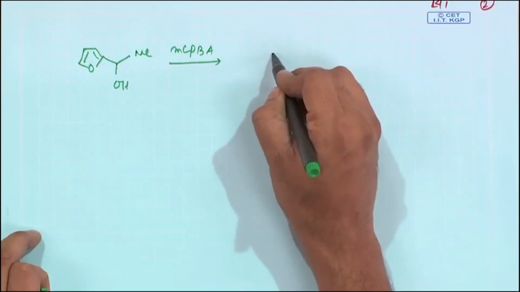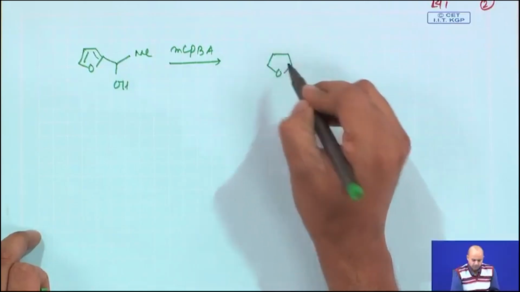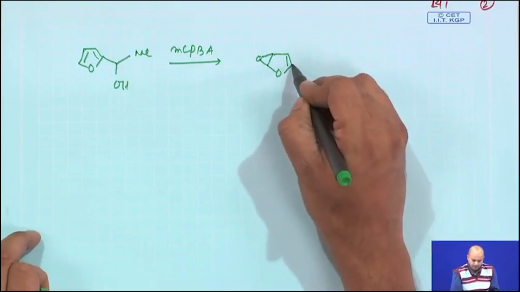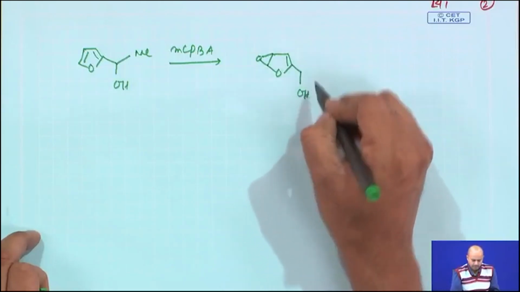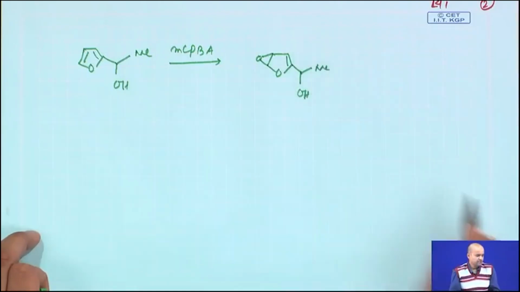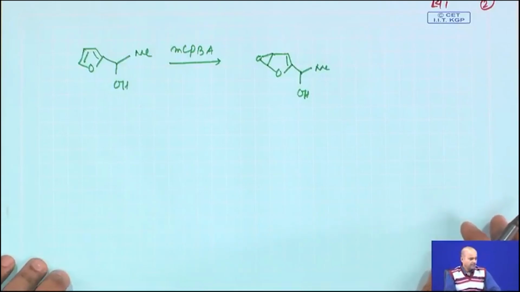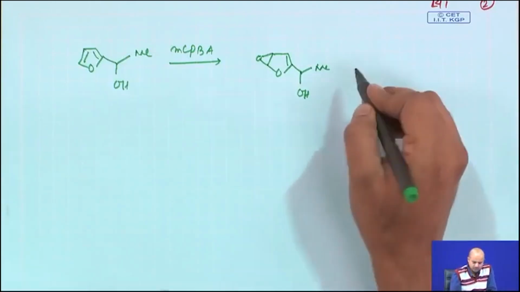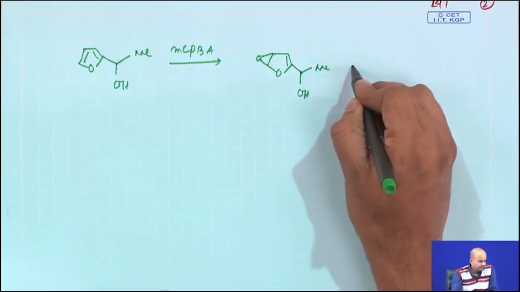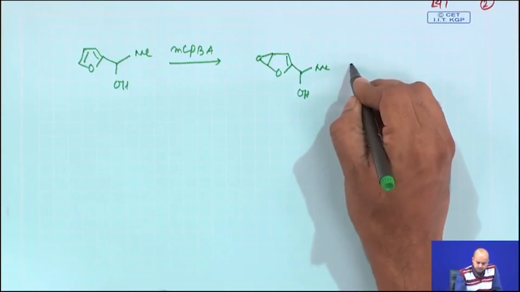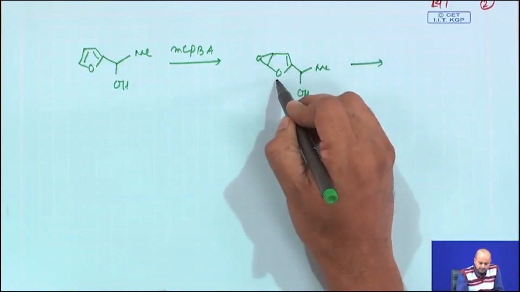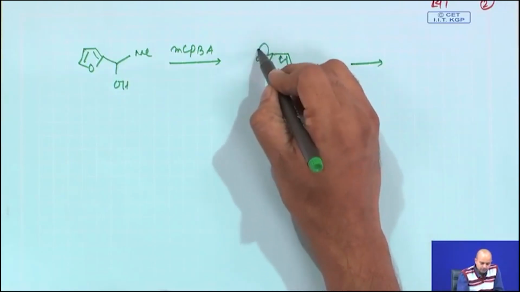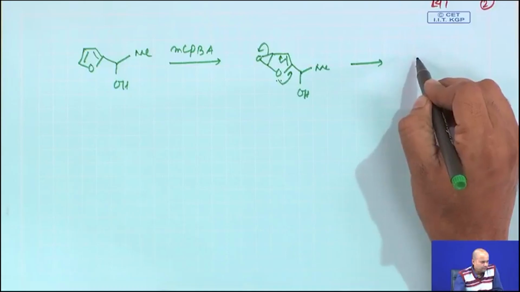So, at the initial stage, one of the furan double bonds undergoes an epoxidation reaction, and then the ring opening of this furan oxygen occurs in this way.